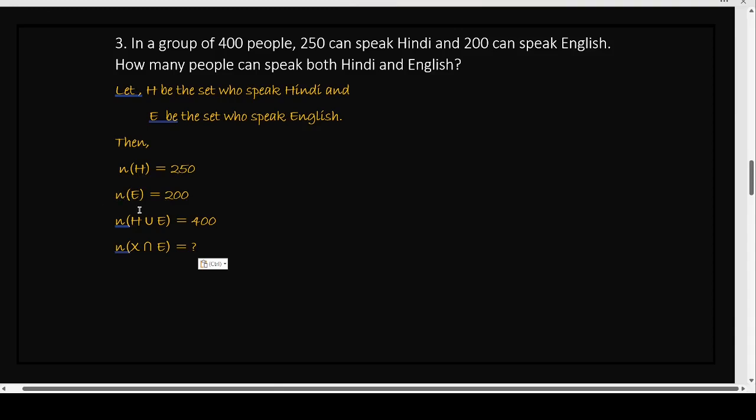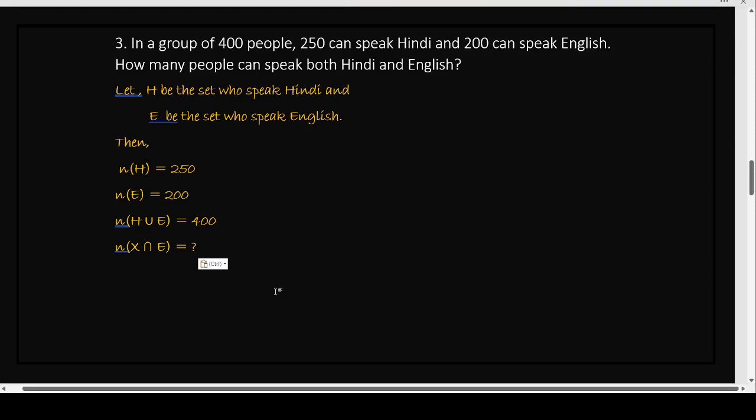The set E, which contains the people who speak English, is 200, and the number of people who speak English and Hindi, any one of the languages, remember this, any one of the languages, H union E, is 400. Find out n(H intersection E). That means what you wanted to know is how many people can speak both Hindi and English.